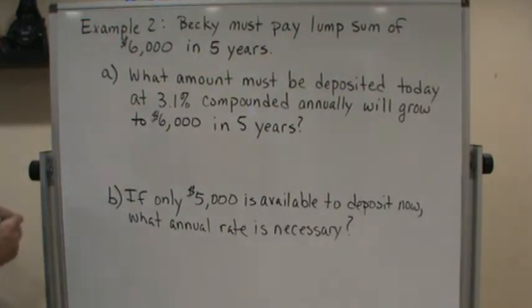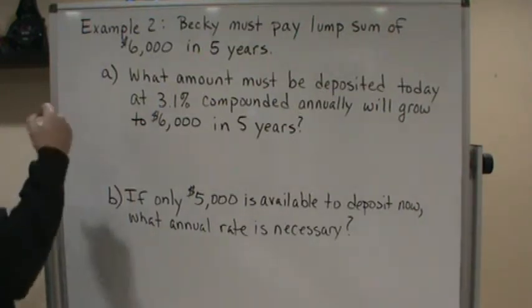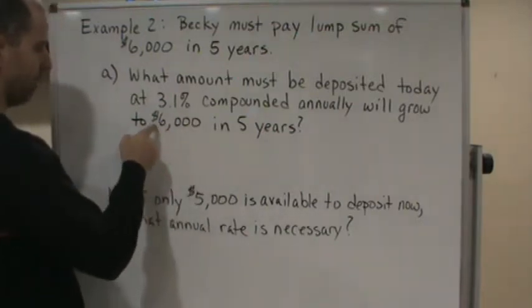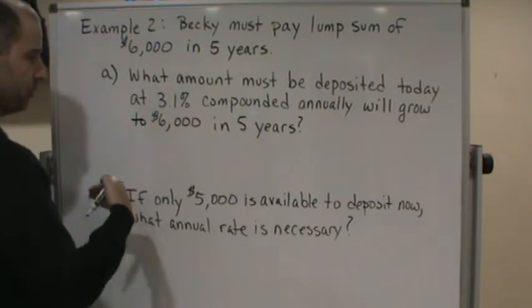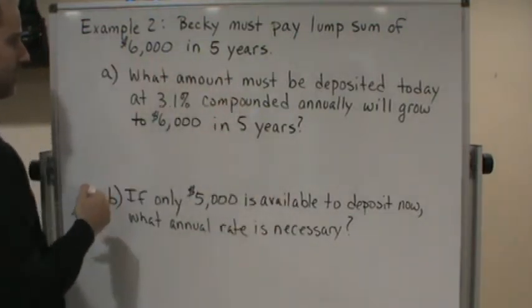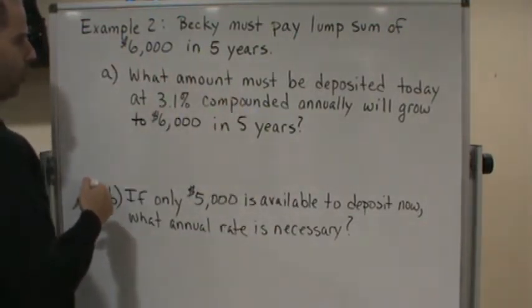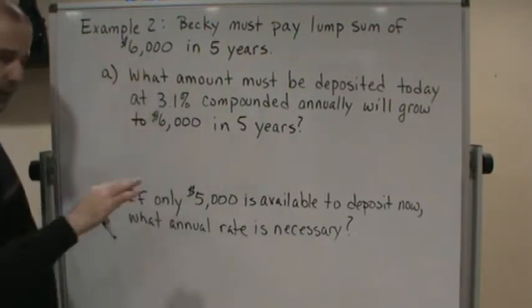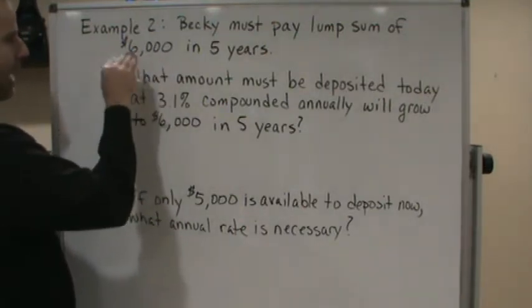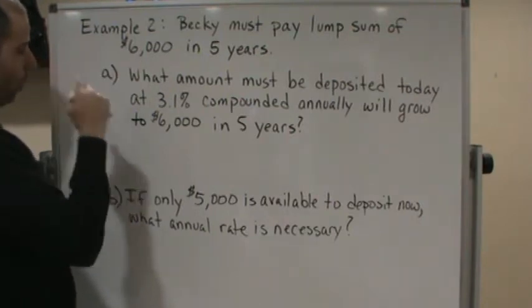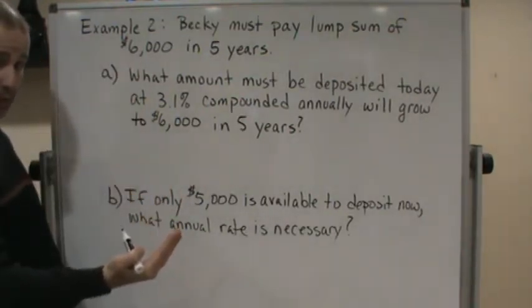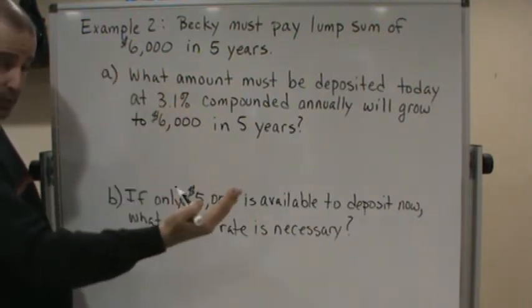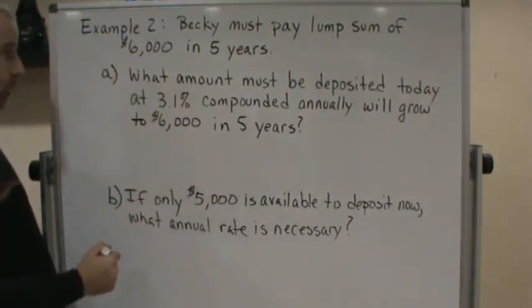So we need to figure out the P, the principal, because we need to have $6,000 in our account in 5 years to be able to pay back the $6,000. This $6,000 is not accumulating interest in this case. We just want to make sure that we have the money in our bank account within 5 years. So this works exactly the same way as the last problem.